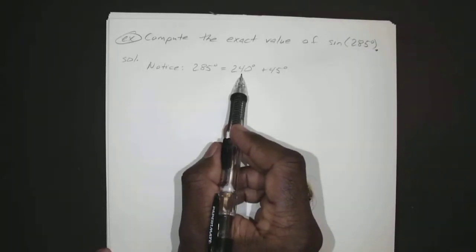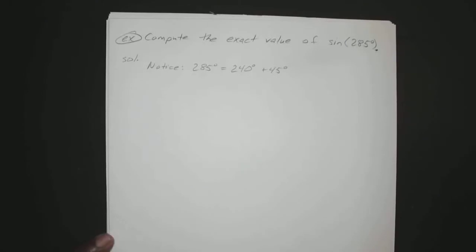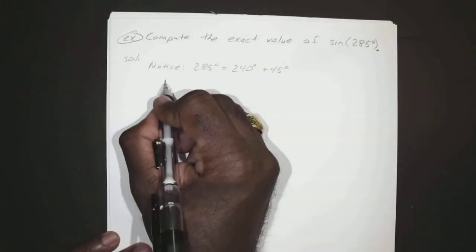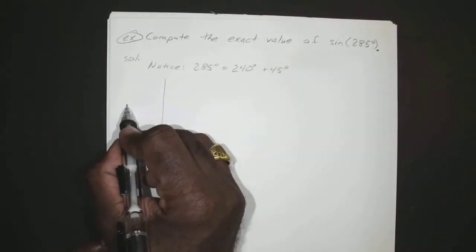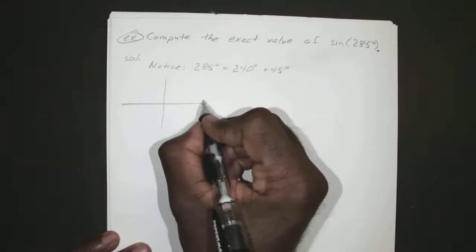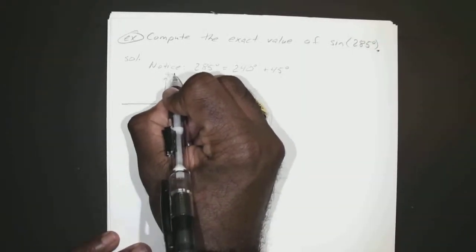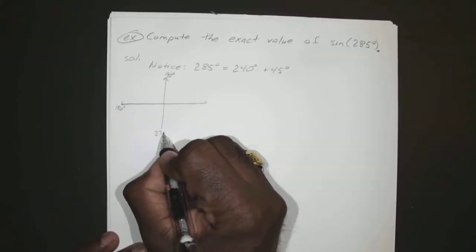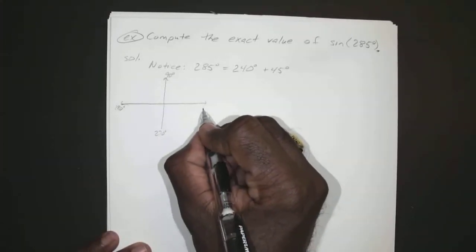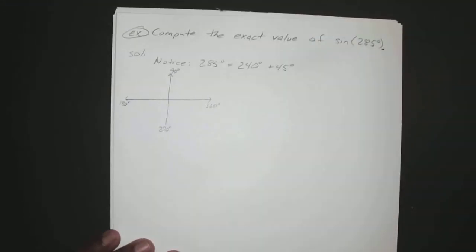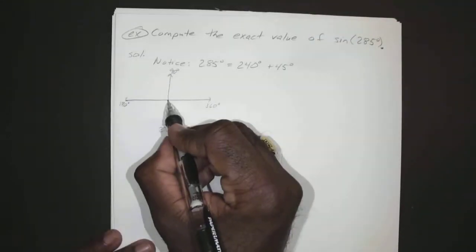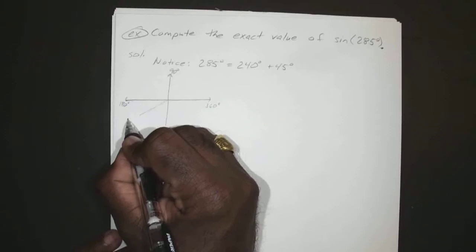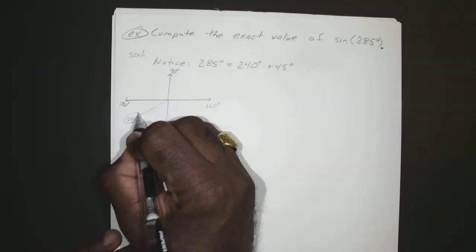Okay, now 240 degrees, we can find our reference angle. So if we had our 90 degrees, 180 degrees, 270, and a complete circle, it's 360 degrees. So 240 is somewhere over here in quadrant 3.